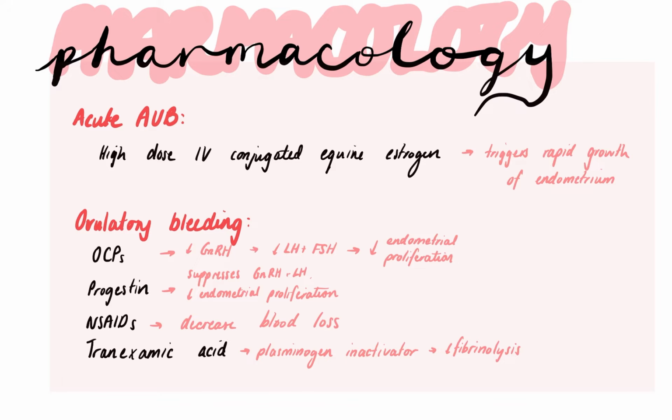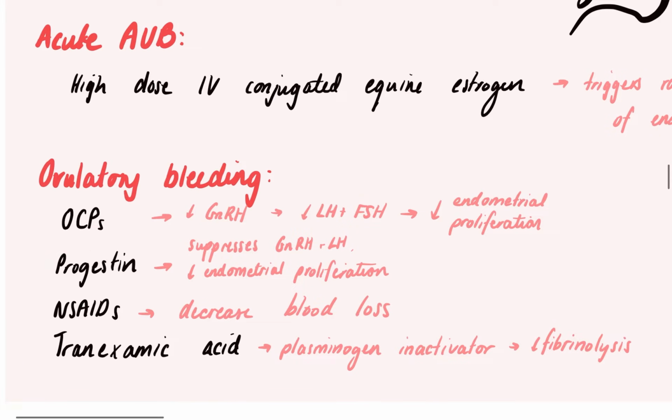And then for a patient who might be experiencing ovulatory-related abnormal uterine bleeding, you can use the oral contraceptive pill, which would decrease your gonadotropin-releasing hormone, decrease LH and FSH, and lead to reduced endometrial proliferation.